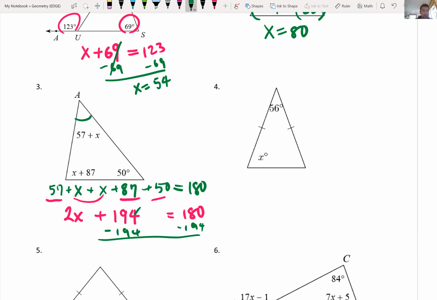Very good. So we've gotten 2x equals. Now that's kind of a weird answer, isn't it? You don't expect to get lots of negative answers, but in this case, this is correct, okay? And so 180 minus 194 is negative 14.